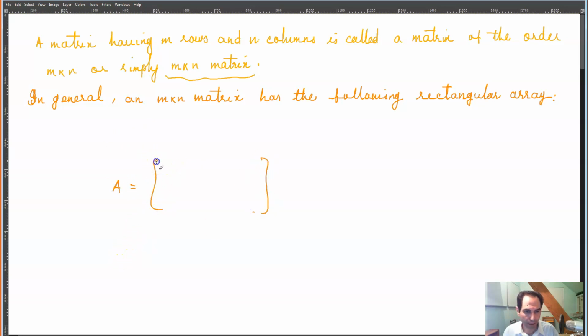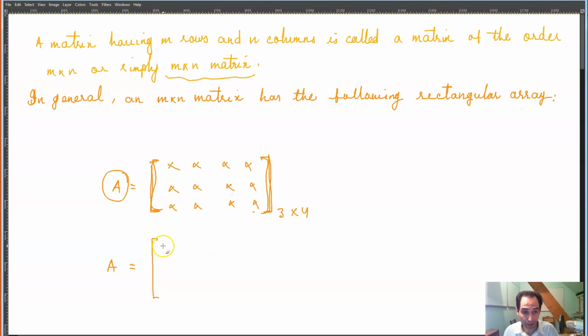And then the elements of the matrix, meaning the numbers or the functions that you have inside the matrix, are usually written, if you call the matrix capital A, in lowercase a. And suppose that A is a 3 by 4 matrix. This means you have 3 rows and 4 columns, right?